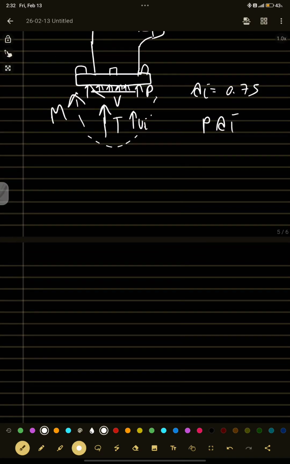You can write V I cap, because the shear force I have shown along positive x axis. Then P J cap, right? And then what else?